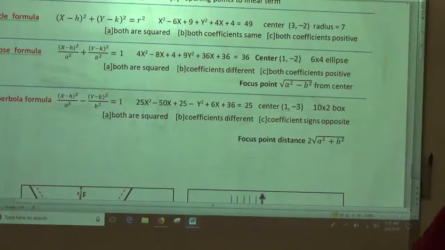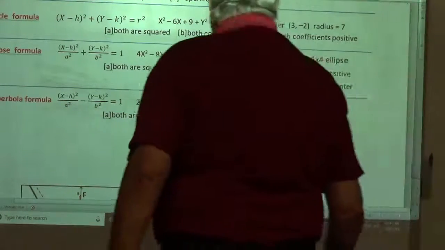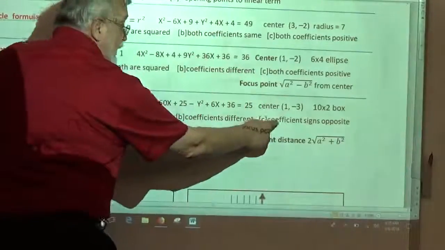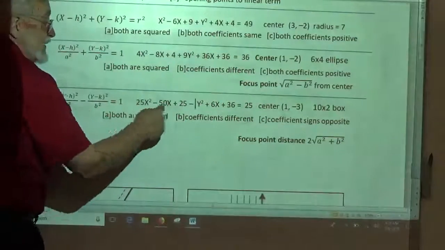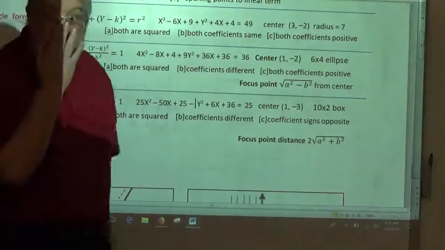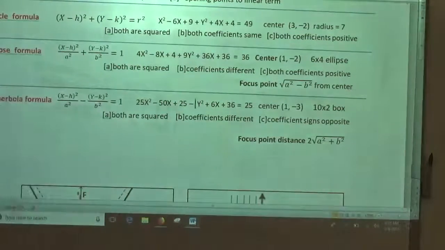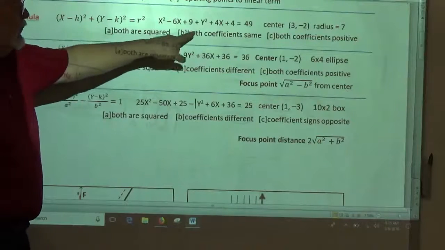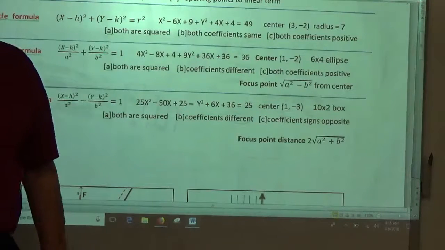Okay. Now the signs are different, which is the third thing. The signs are opposite. So this one's positive, this one's negative, or if this one's positive, that one's negative. Okay. So, how do you tell a circle? They're both squared, both coefficients are the same, and they're both positive.